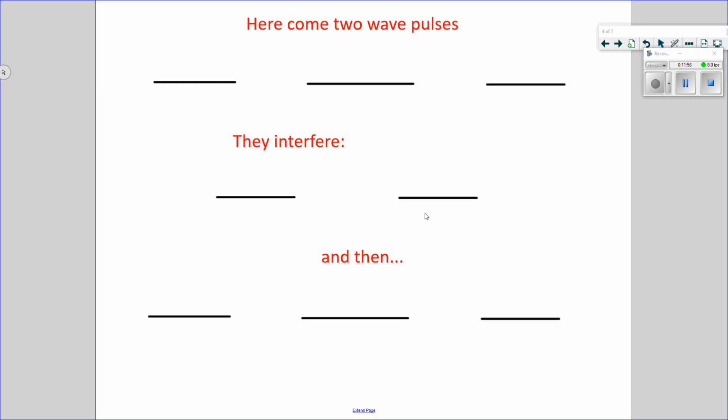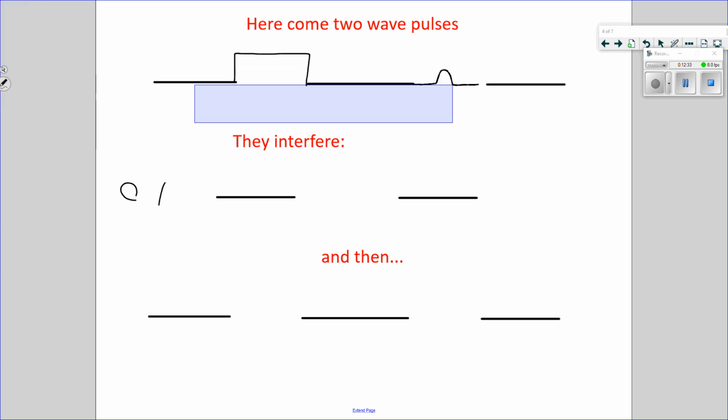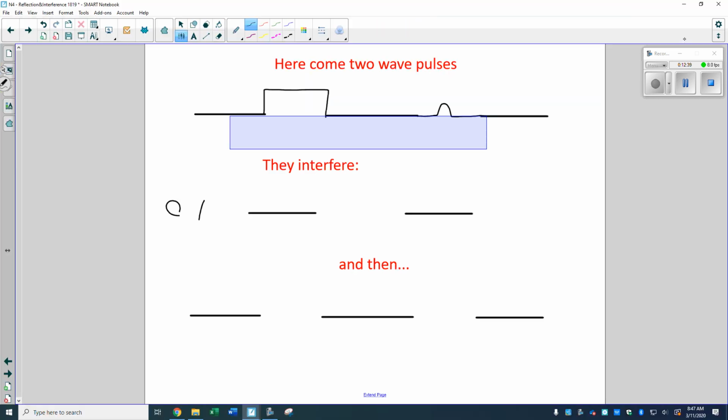So here's a case where, let's say, we want to show a peak that looks like this, and a peak that looks like that.